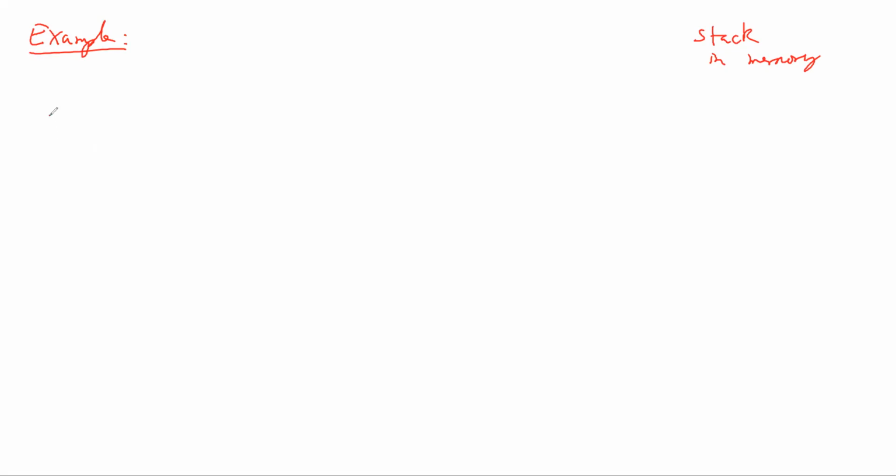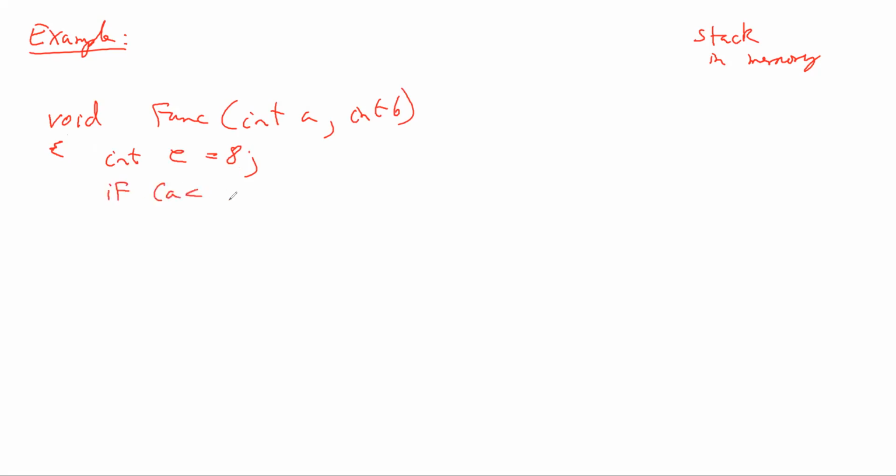We're going to say void function(int a, int b) { int c = 8. Then I'm going to have an if statement in here. If a is less than or equal to 0, return.